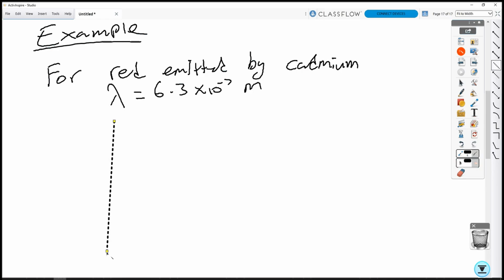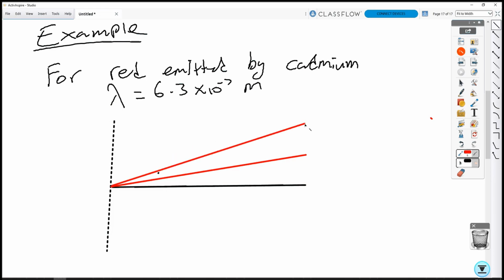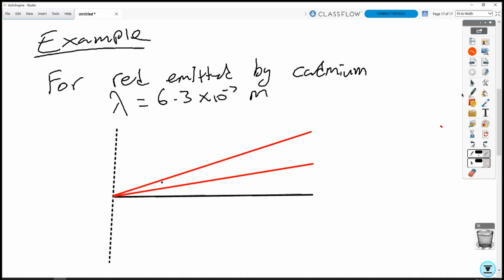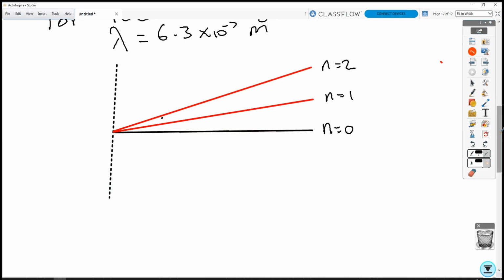So here's our diffraction grating. Our first order, and this diffraction grating had D equals 3.3 times 10 to the minus 6 meters.